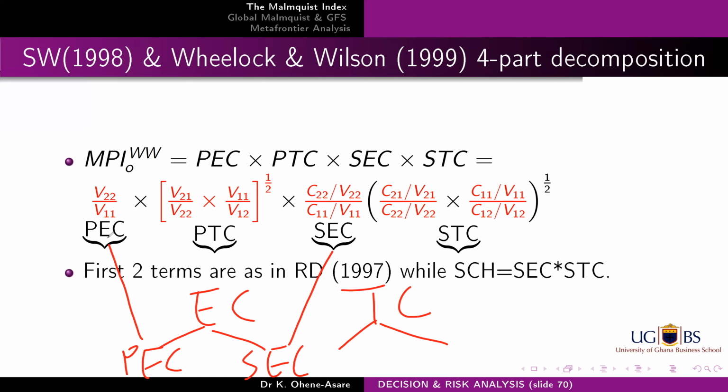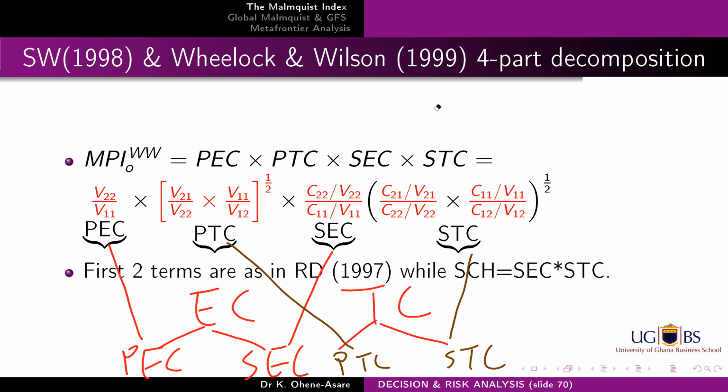And then they are saying that the technical change must pick this one there, which is a pure technical change, and then the scale technical change, or the scale technological change. That is the 4-factor decomposition. I like that one because we've extended it recently.